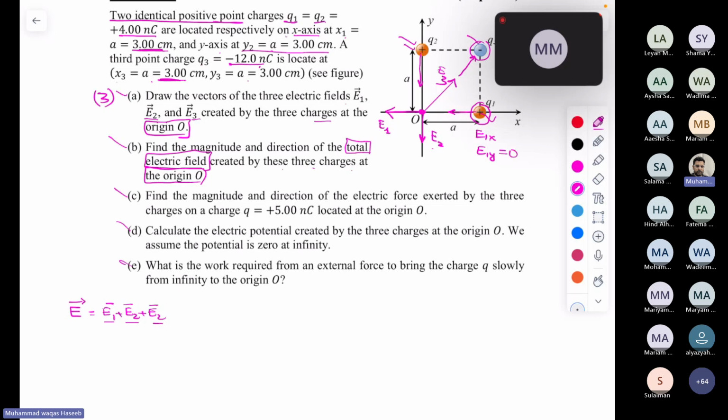For this charge, Q2, it has only the y component, and its x component is 0.